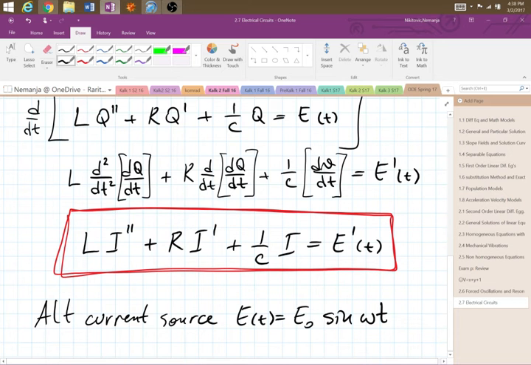So in the US it's 60 hertz. 60 hertz means that it changes its direction from plus to minus 60 times per second, because hertz is 1 per second. And that's captured in this omega. You know how the sine wave looks like, and this omega scales it into a second.